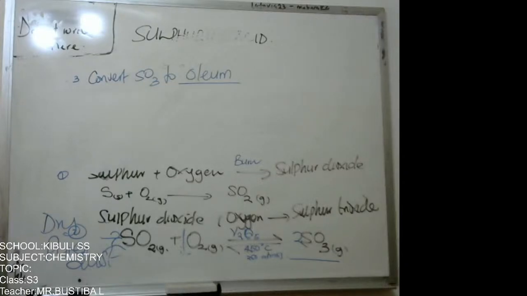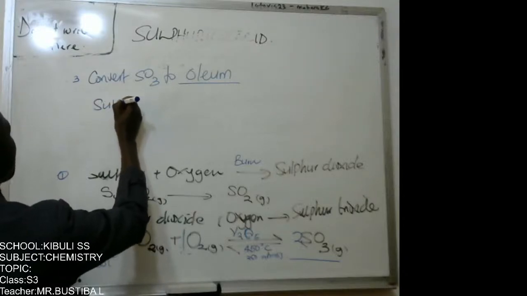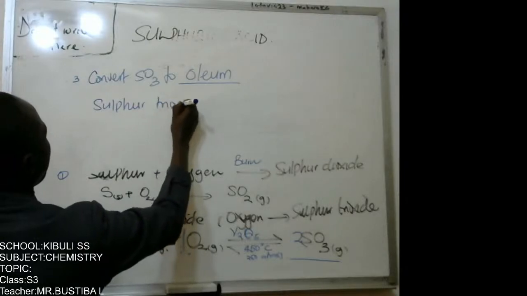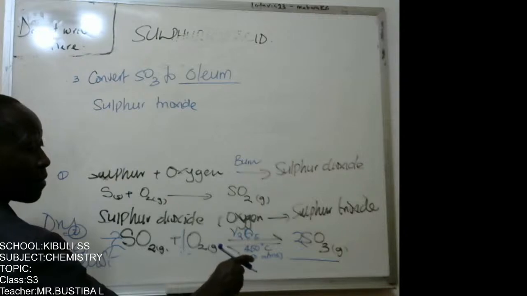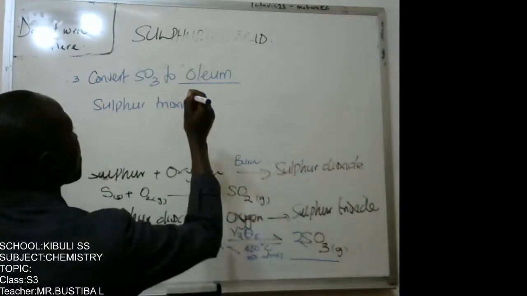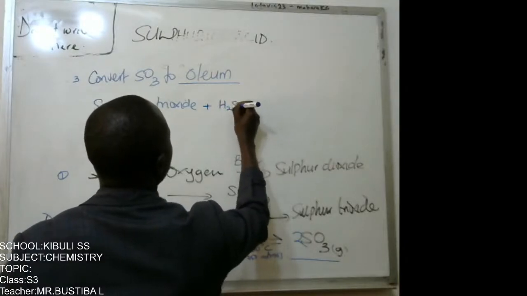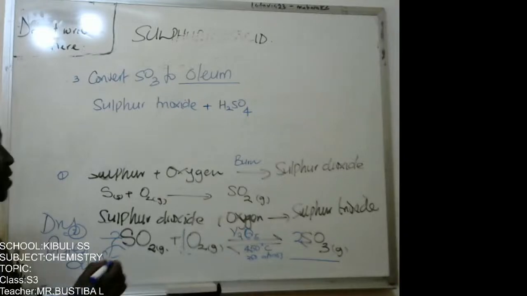How is it done? It is done by adding, to the sulfur trioxide obtained after cooling, some few drops of concentrated sulfuric acid, which is therefore a liquid.